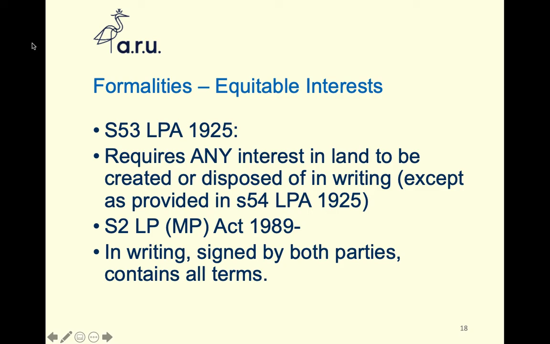We're either looking for the deed to make it legal, or we're looking for the contract that establishes the fact that there's an equitable interest and what the terms are of that. The only 2 exceptions that we recognise would be a lease under 3 years or a beneficial interest under a trust. Those are the situations where there is more flex because they aren't seen to be as formal.